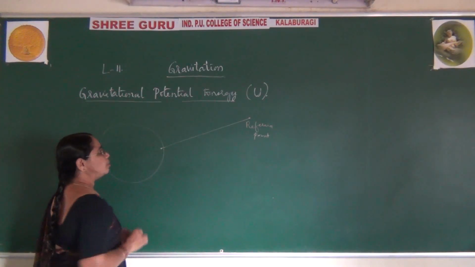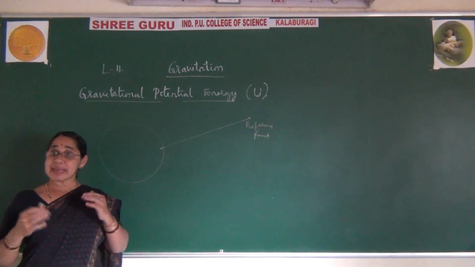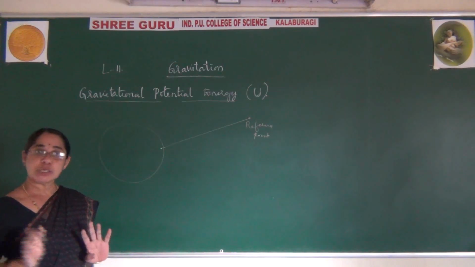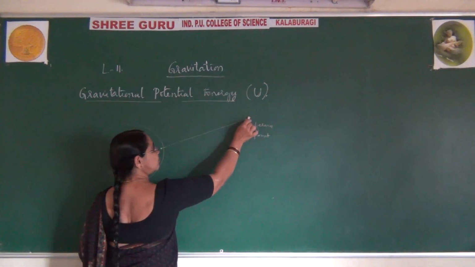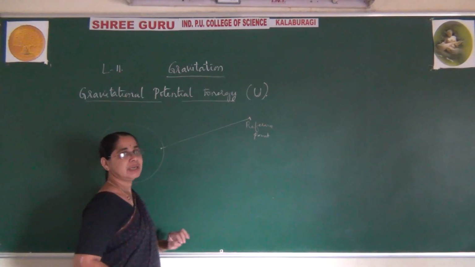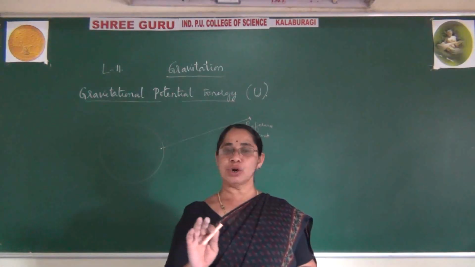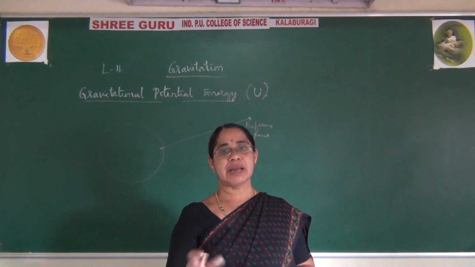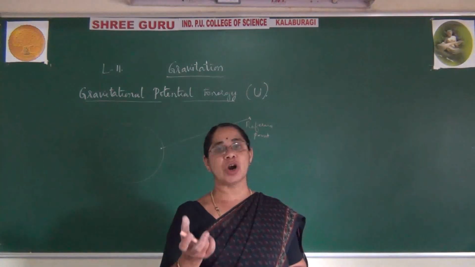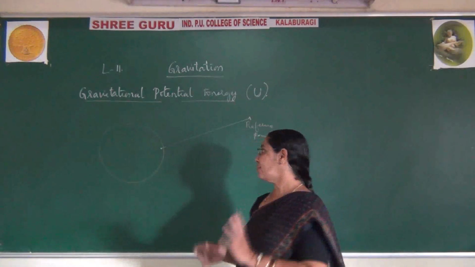If I bring that object here, I am applying some force. Also I am displacing this object from this point to this. So naturally there is a displacement and also we are applying some force. A product of force and displacement is called work done. I am doing some work.